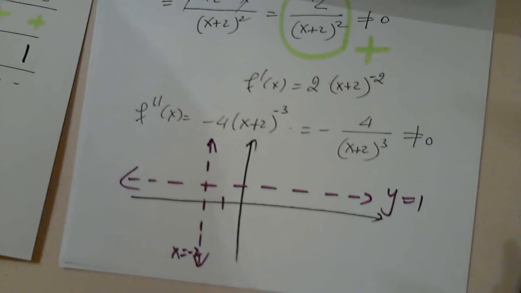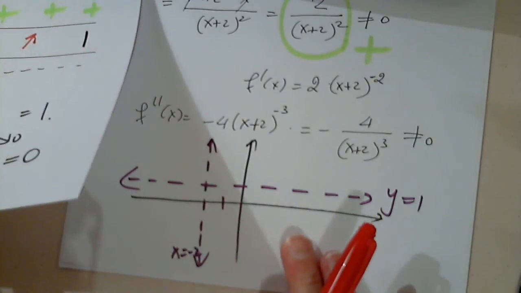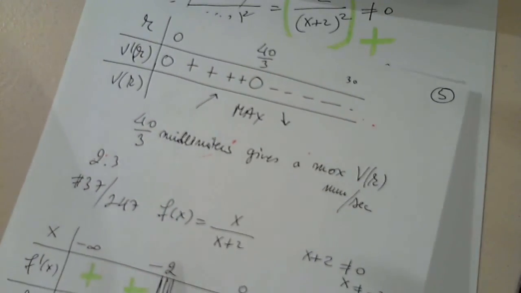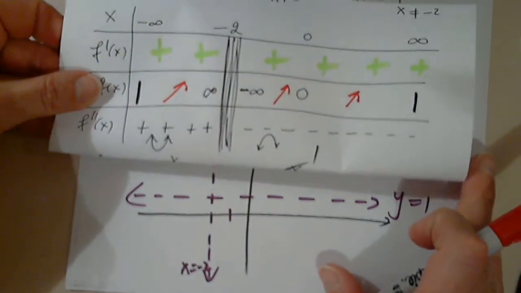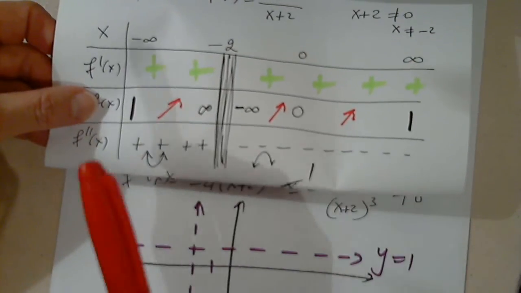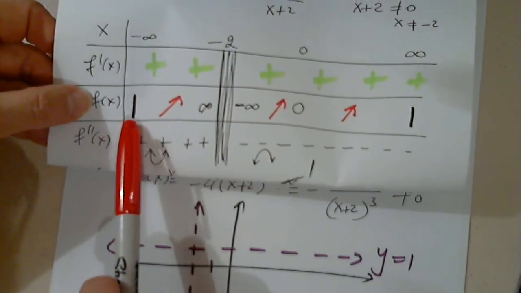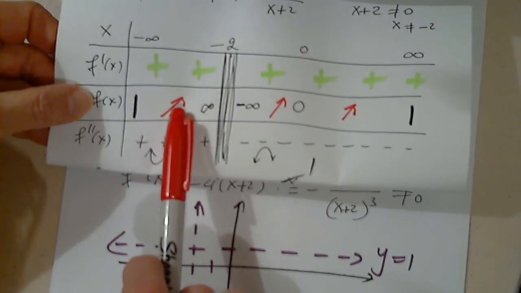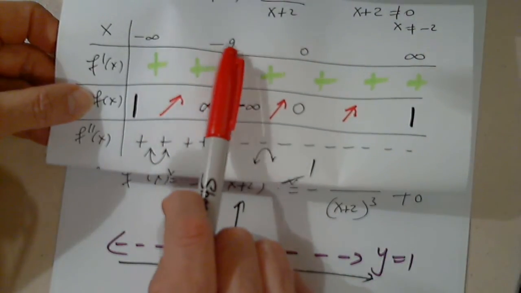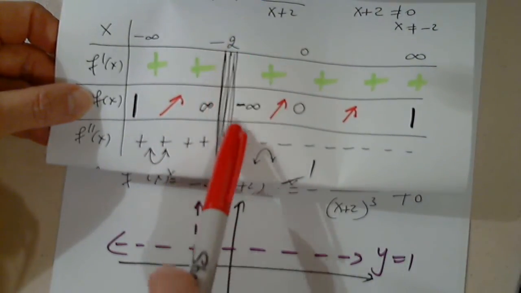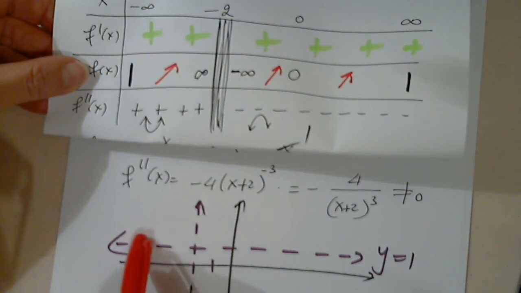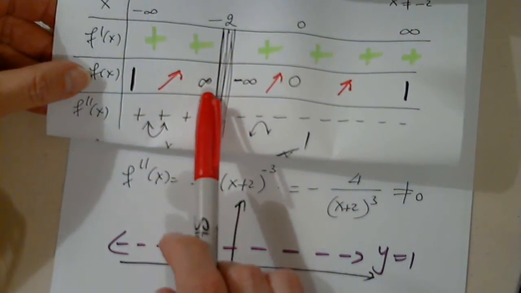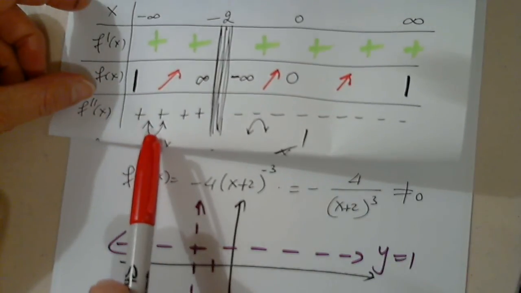Now we're ready to read the chart and graph the function. Here it is. The function, approaching 1, increases to infinity on the left-hand side of this asymptote, opening upward.